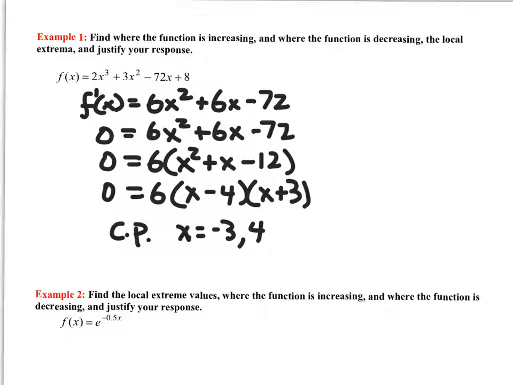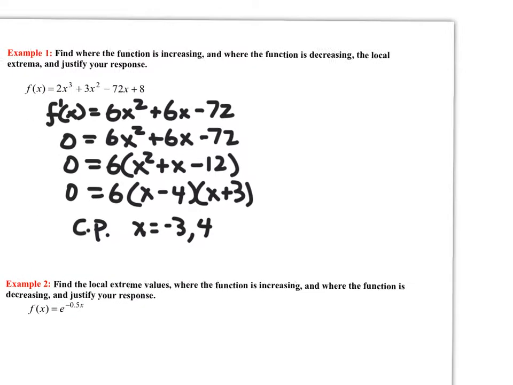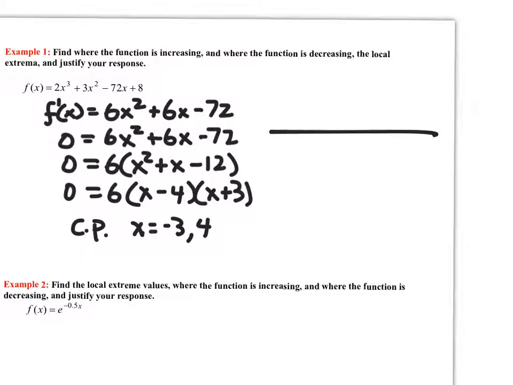So now what we'll do is we'll draw out a test interval. And we're going to sketch a graph of f prime here. We know that f prime equals 0 at -3 and at +4, so we're just going to test a few values. Let's go -4, we'll go 0, and we'll go 5.